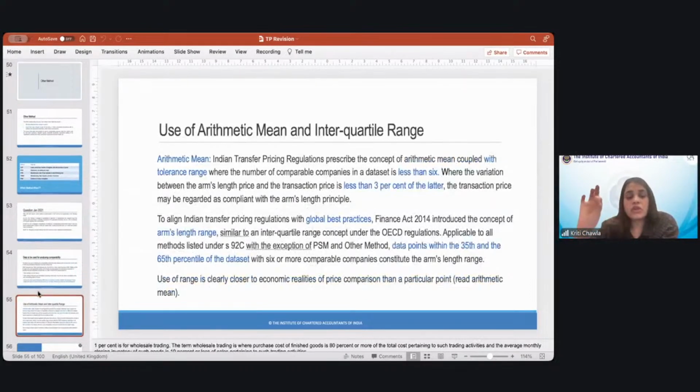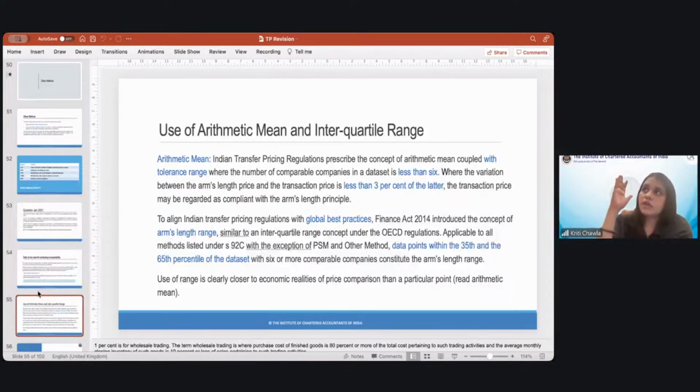Now, another important concept is if you have multiple independent parties available, if you have multiple comparables available, there was a time that we used to use the arithmetic mean, but now we use something called an arm's length range. In that, we calculate a percentile. So the 35th to 65th percentile of the data set is what we use in India when we have six or more comparables.